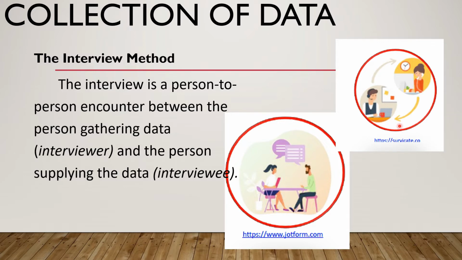And with this illustration, these are the illustrations of interview method. This one, the picture here, wherein we have a lady and a man talking to each other face to face. This is what we call the personal interview. So when we say personal interview, we have the face-to-face question and answer method.